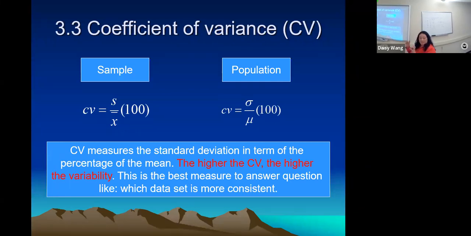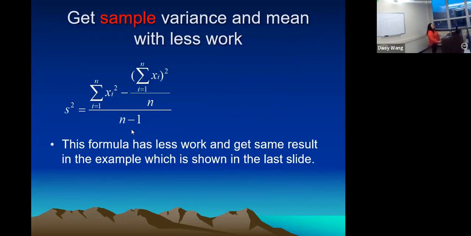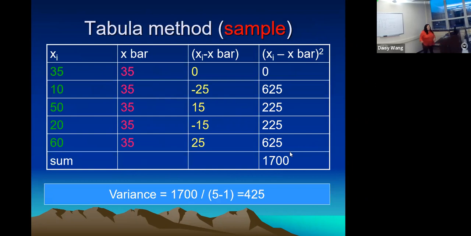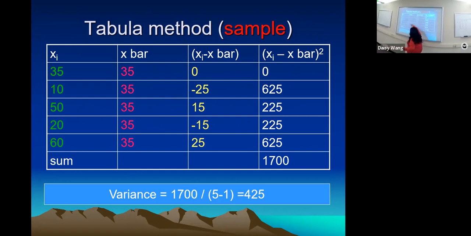When the standard deviation is bigger, that means it's further from the average. Because when you go back to the formula, you can see that we use the difference between our raw data and the average.